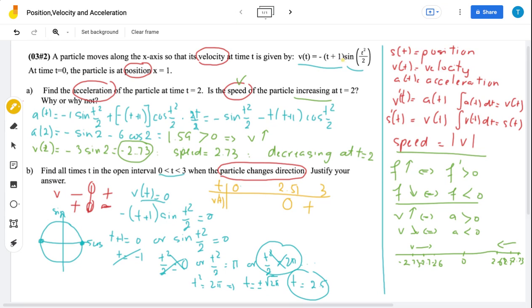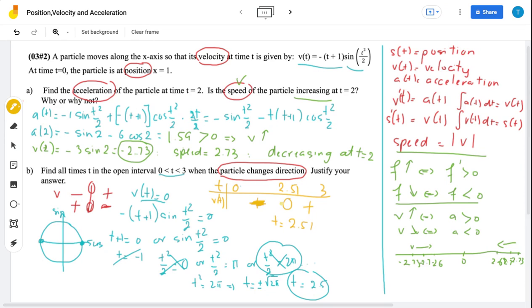Substitute 0: sine of 0 is 0, so it's not a good candidate. Substitute 1: we have negative 2 sine of 1 over 2, which is negative. That's good. That means at t equal to 2.51, the particle changes from the negative to the positive direction.